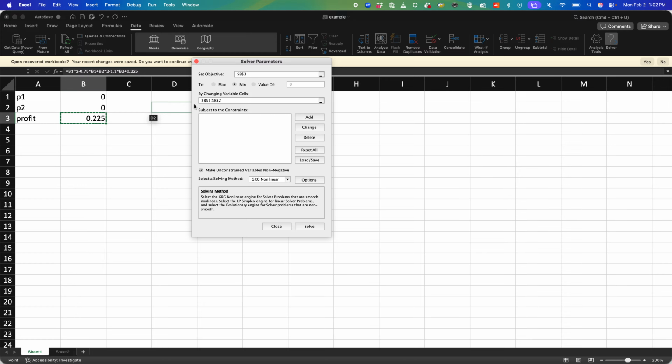I believe I actually want to maximize this. And I'm going to change my variable cells, which are specifically just the decision variables, P1 and P2. You can add constraints later; we're going to do that in just a second.